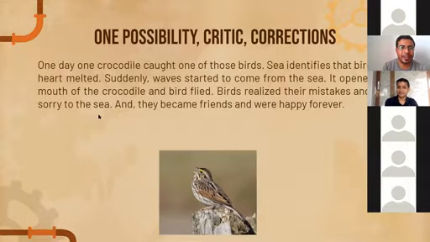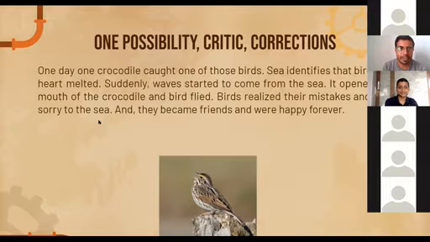So let's quickly read this one possibility of what will happen next. Obviously, as you said, there are multiple possibilities, but we'll quickly read this one. Also, you can be again critical about it. And if there is any correction, you can also do that. Yeah, mainly critical. Let's focus on critical.